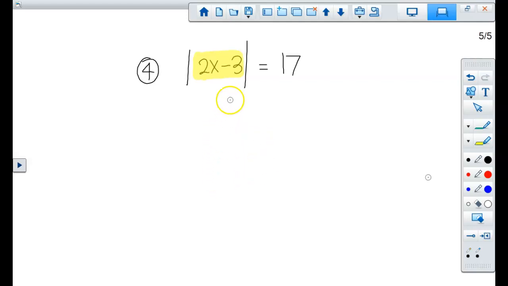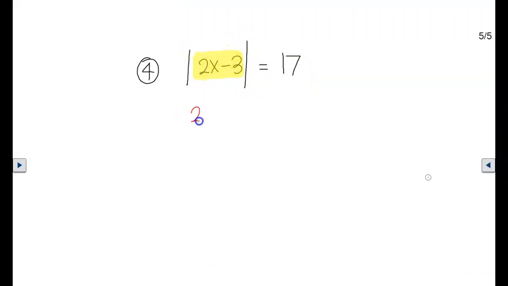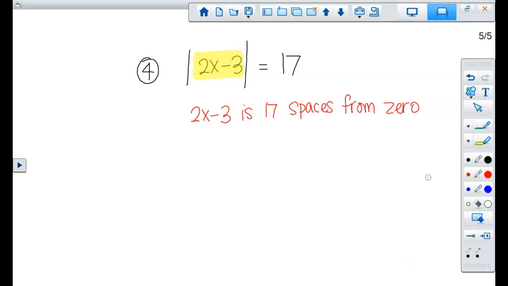But look what this equation tells me. It tells me that if I take the absolute value of whatever 2x minus 3 is, then I will get 17. So whatever this number right here is, if I take his absolute value, I'll get 17. So what that tells me is that 2x minus 3, whatever that number is, he is 17 spaces from 0. So if 2x minus 3 is 17 spaces from 0, then what could he be?